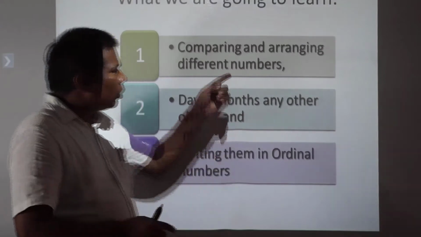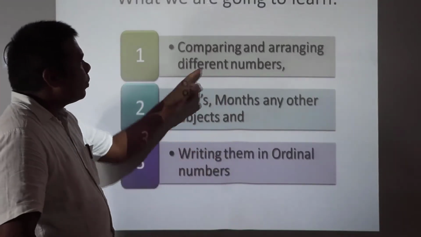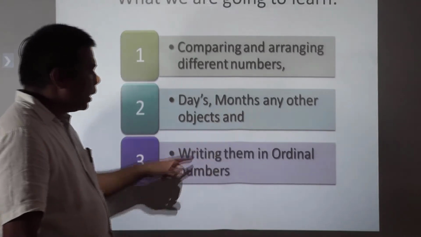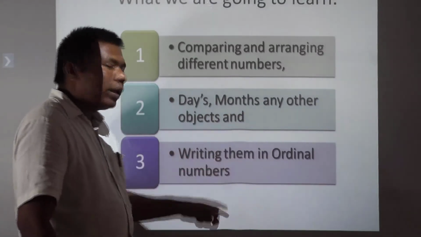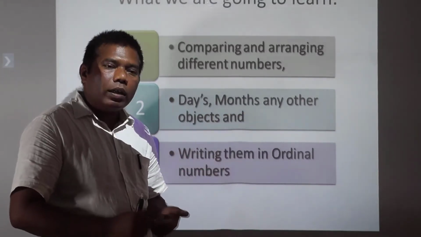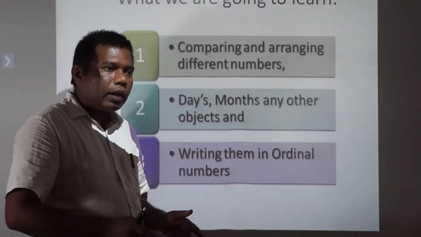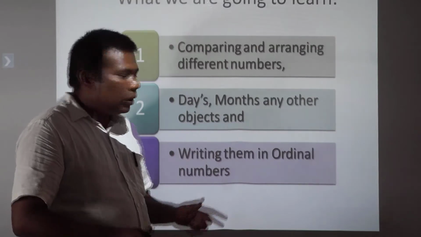Got it? So those things we are going to learn. Suppose we can compare days, months, any other objects and write them in ordinal numbers. As I say, first, second, third, these all are called what? Ordinal numbers. So how we will write these, we will see here.